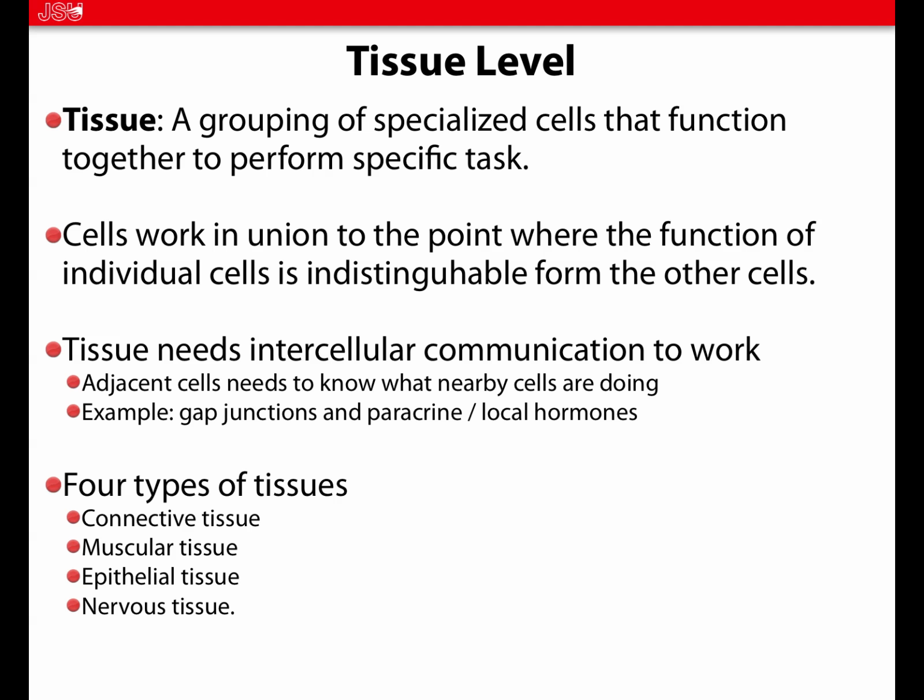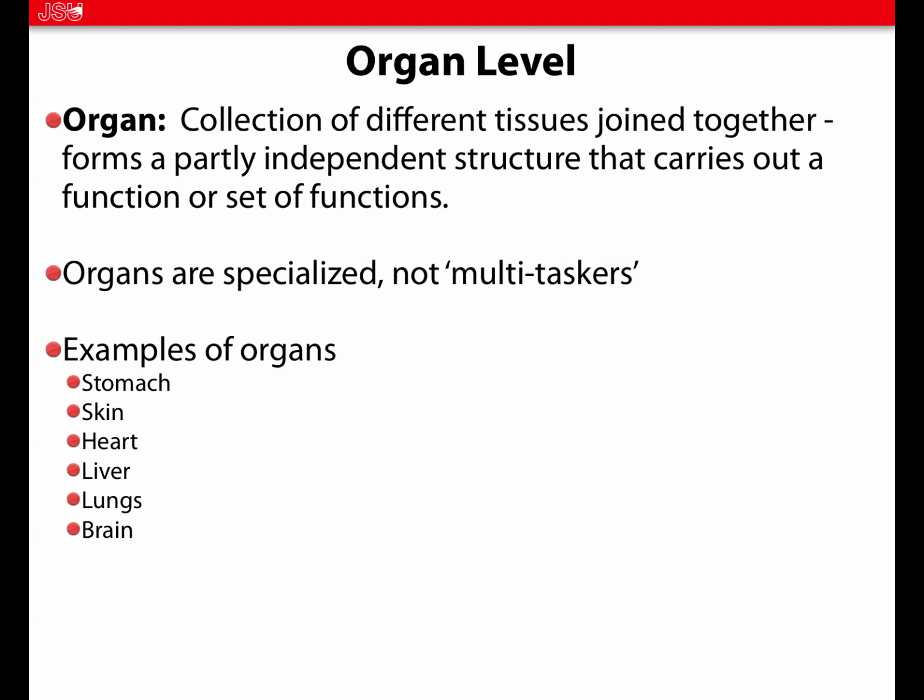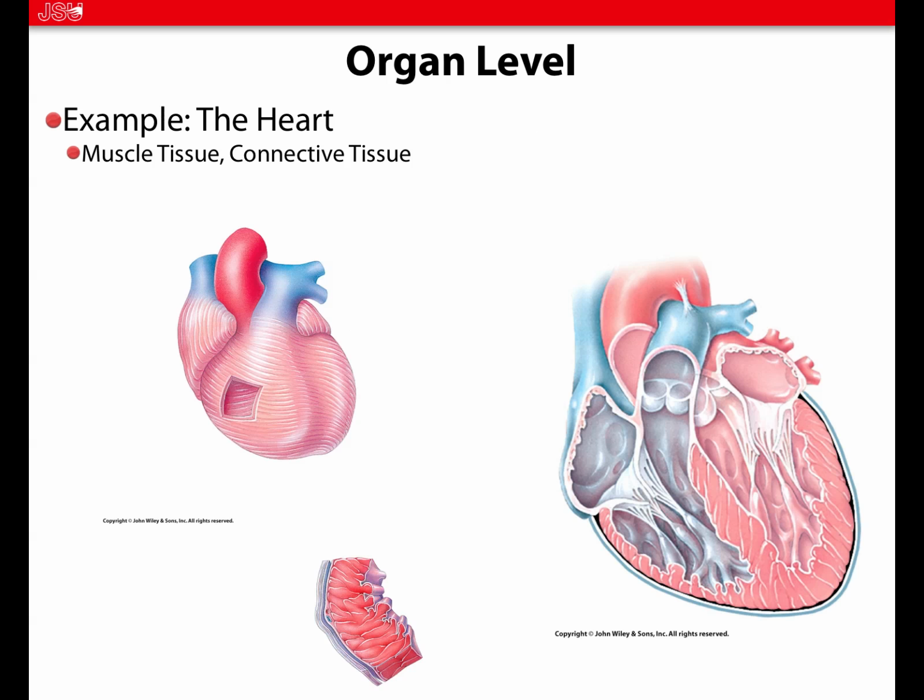Okay, so what do we have? We have tissue, and what if we combined 2 different types of tissue? For example, we can combine connective and muscular tissue. What would we get? We would get an organ. Now, an organ is just a collection of different tissues joined together to form a particular function. For example, here's the heart.